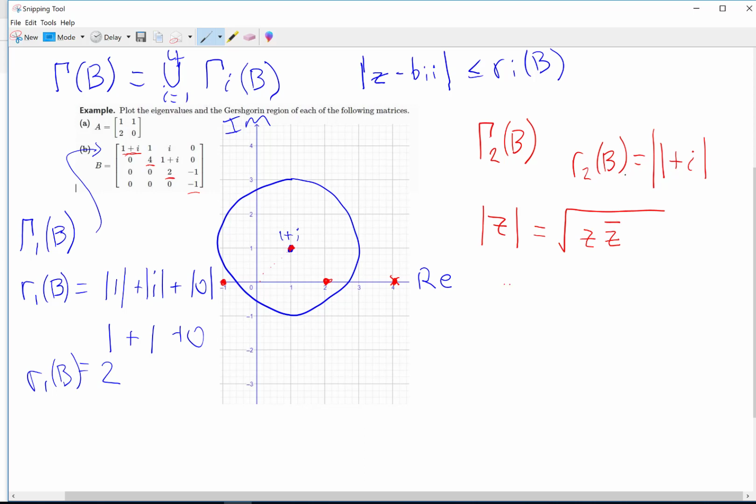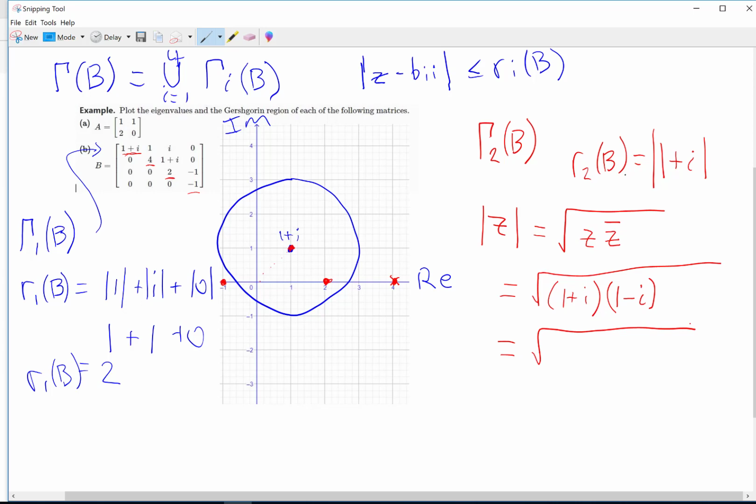And again, you may have never done this before, so I'll show you how to do it. If I take 1 plus i and I want its conjugate, I just change the sign of the imaginary part, so it's 1 minus i. And one cool thing about multiplying a complex number by its conjugate is that you get a real number. You won't have anything imaginary anymore.